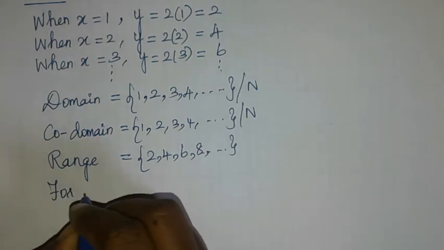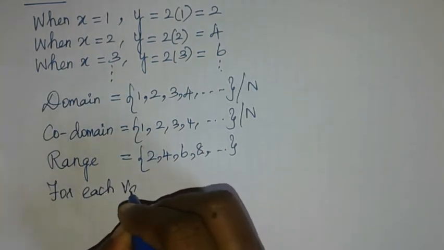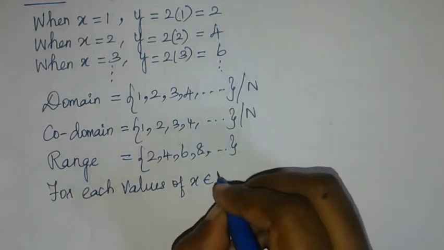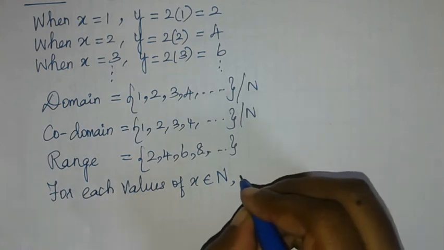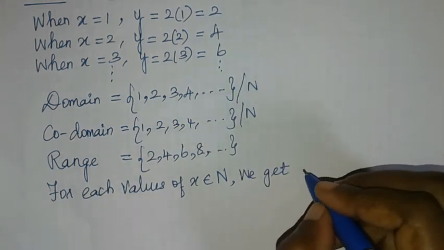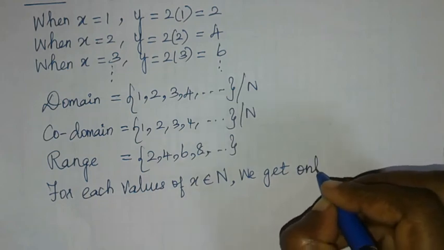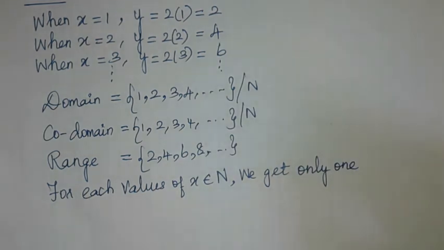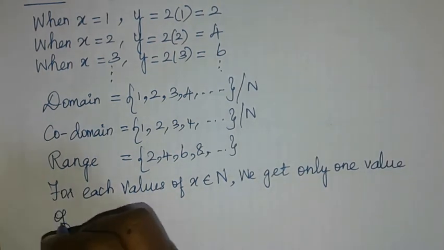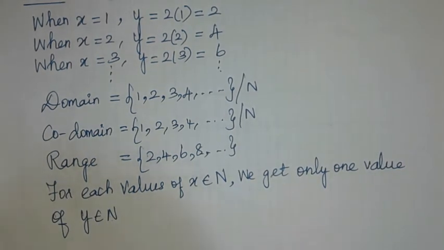Here for each value of x belongs to N, we get a unique value, only one value of y belongs to N.